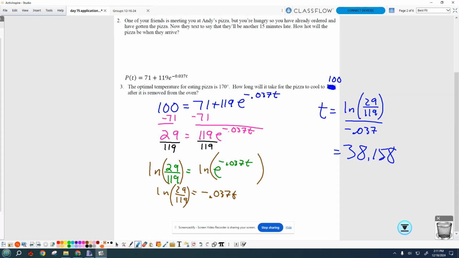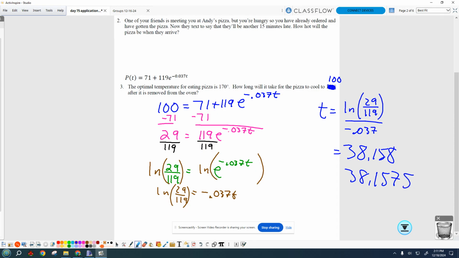So I see on 2 boards 38, 3 boards 38.158, and I heard a few other groups say that. What was the 4th number? 5.